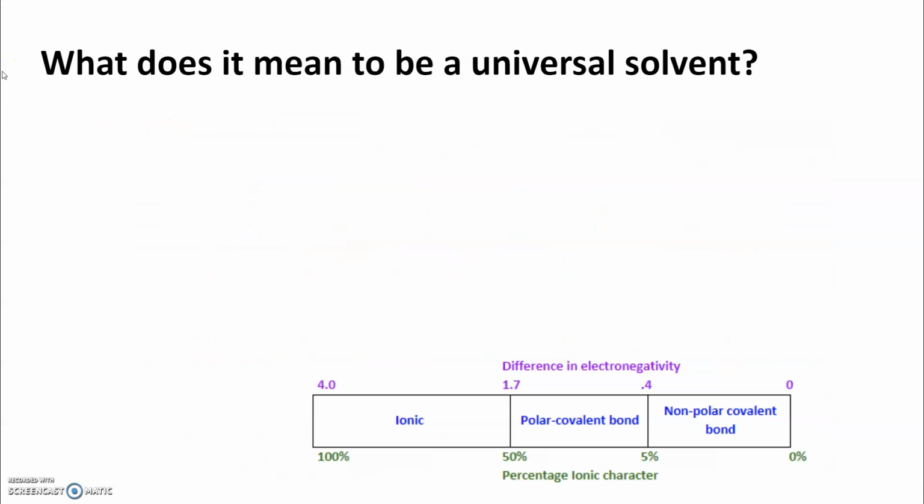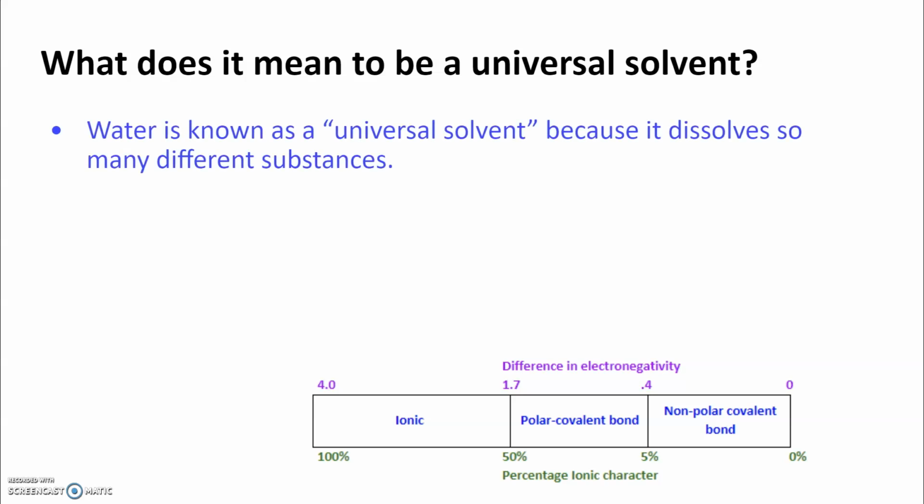So water often gets called the universal solvent. And what this means is that water dissolves a lot of different types of stuff. So water can dissolve many different substances.